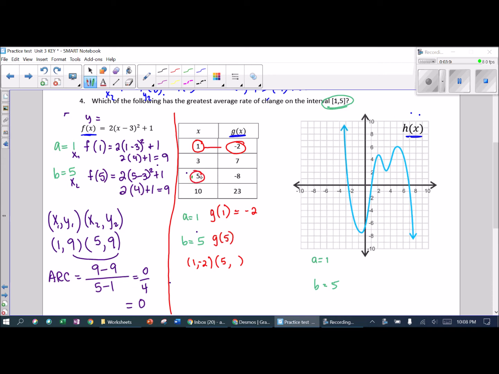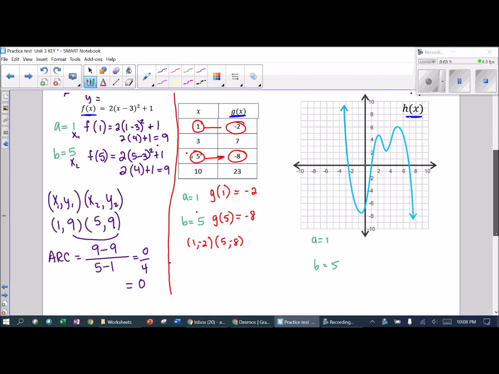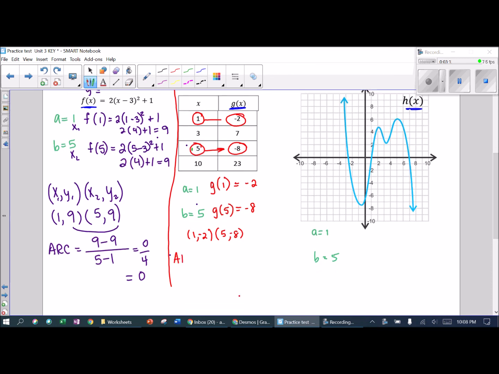Looking at our table, that's when x is 5. That is what g is. Okay, we got our 2 sets of coordinates, x1, y1, and all that fun stuff. Average rate of change is going to be negative 8 minus negative 2 over 5 minus 1. Okay, that's negative 6 over 4, or reduced, that's negative 3 halves.